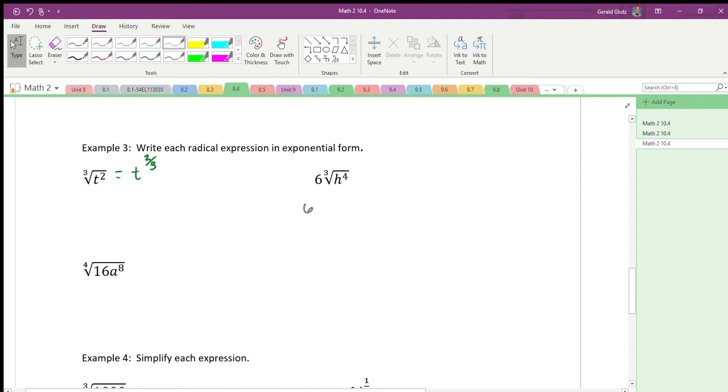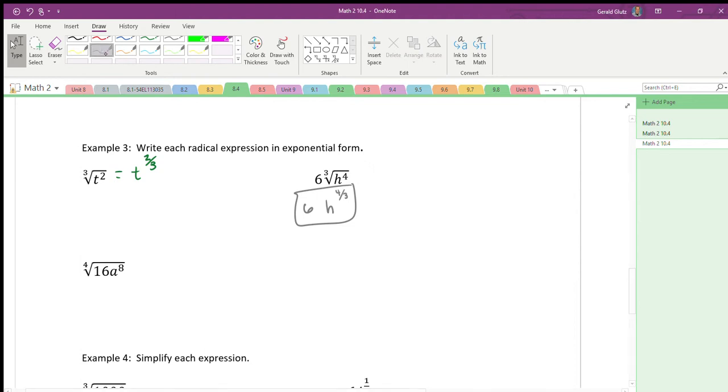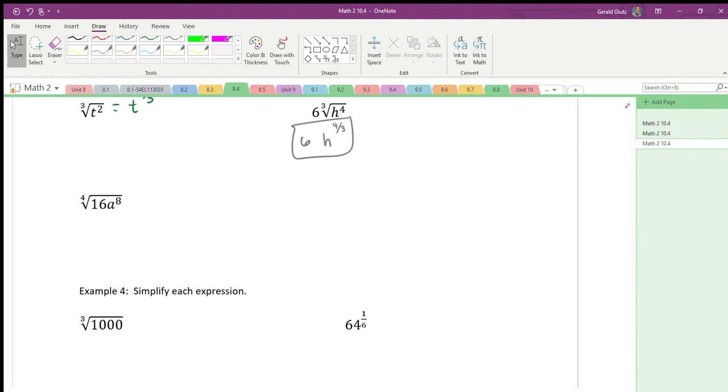So 6 is out here by itself, so that means this 6 is not part of the fraction in its exponent. 6 just has an exponent of 1. But h is the base with the fraction in the exponent. Its top number is 4, its root is 3. So we'd have 6h to the 4/3. Gosh, I can't talk.